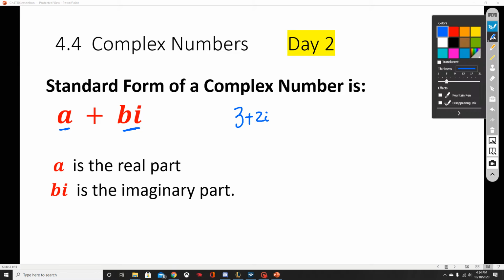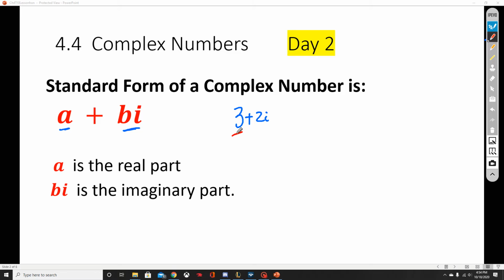This is a complex number. 3 is the real part, because 3 is a real number. 2i is the imaginary part, because 2i is an imaginary number. Okay, so this is how your complex numbers will always look. The real part first, the imaginary part after, with an i on the end.